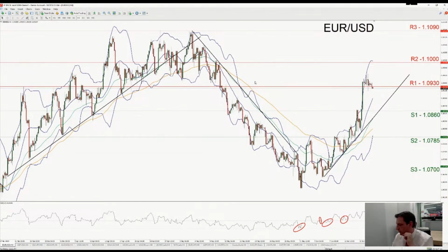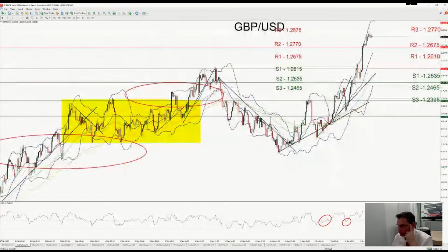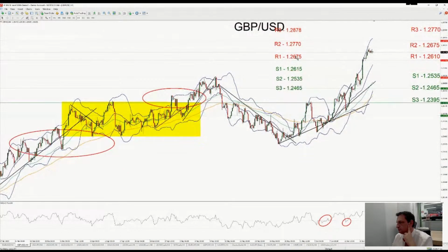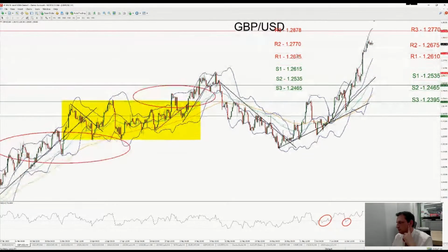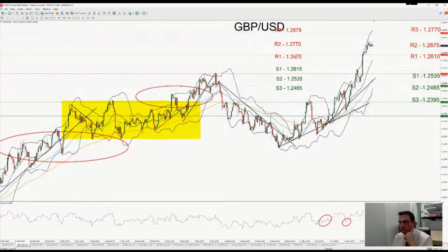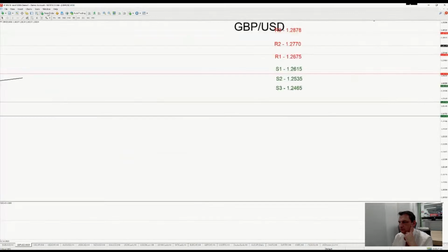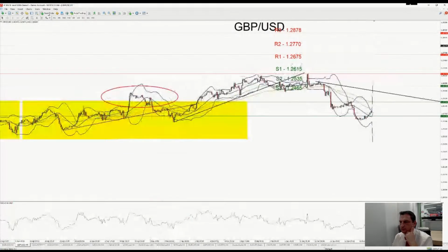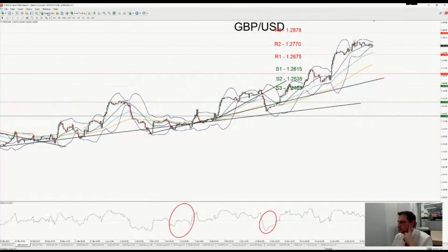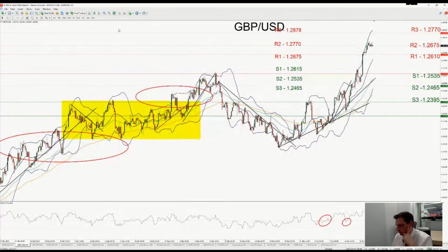Okay, let's have a look at GBP/USD. That would be cable. Very similar picture. Okay, we're going to be switching this.